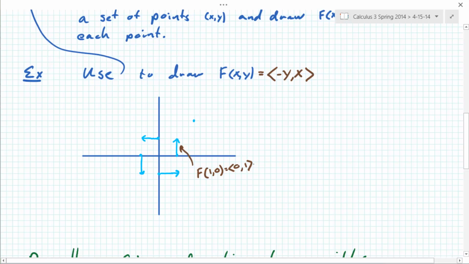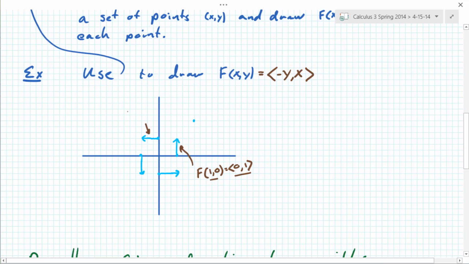So that's the vector <0, 1>, which is the vector pointing 1 in the y direction and going neither left nor right, so 0 in the x direction. And I place that at the point (1, 0). So I put the vector <0, 1> at the point (1, 0).